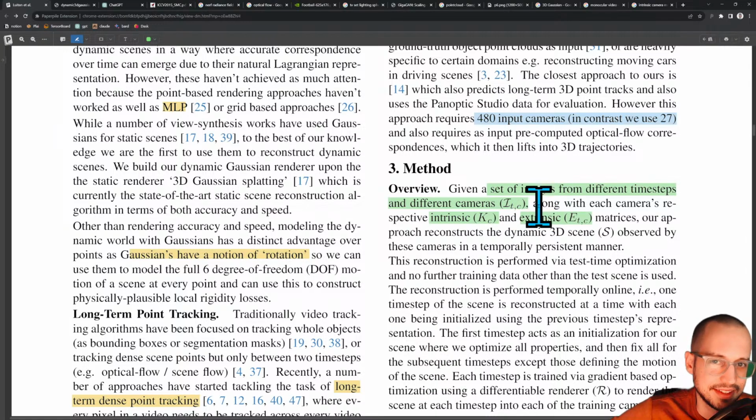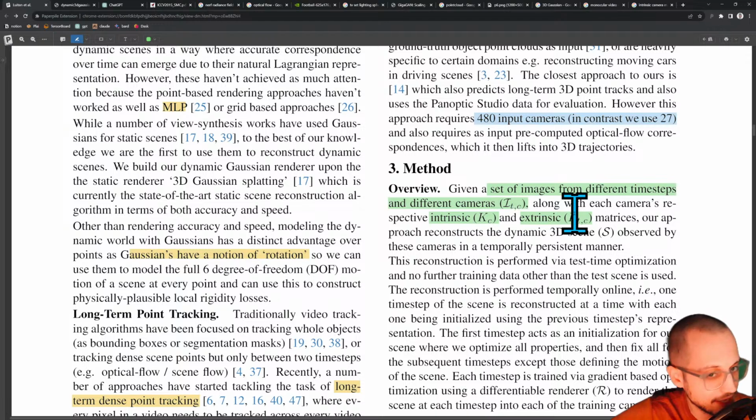This is hard. They're starting from very strong information. If I'm just filming in my backyard with an iPhone, I might know what the intrinsic camera matrix is, but I sure as hell don't know what the extrinsic camera matrix is.